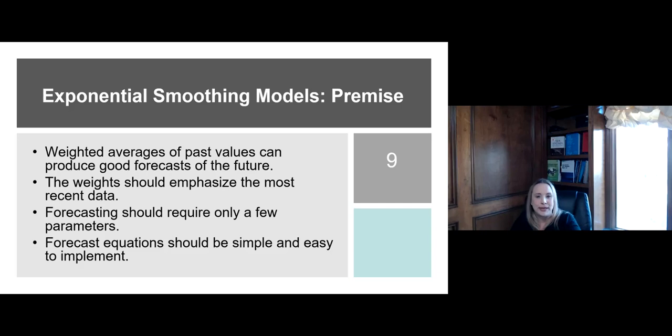The term exponential is derived from the fact that weights not only diminish over time, but they do so exponentially. And so again, the weights emphasize the most recent data, and forecasting in this case would only require a few parameters, which is one of the benefits of using this approach. Forecast equations are also simple and easy to implement.